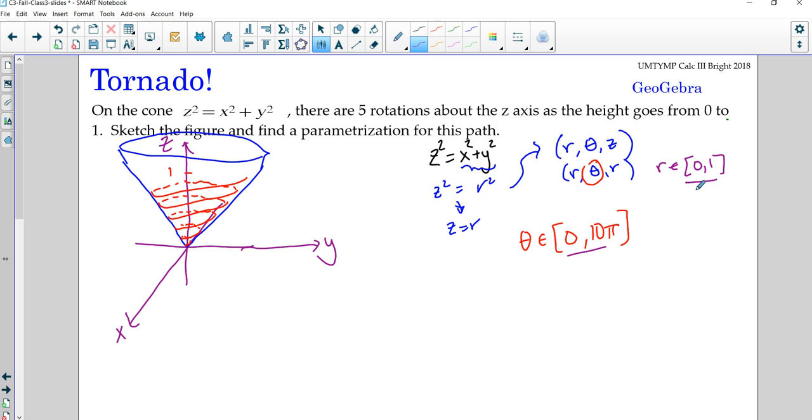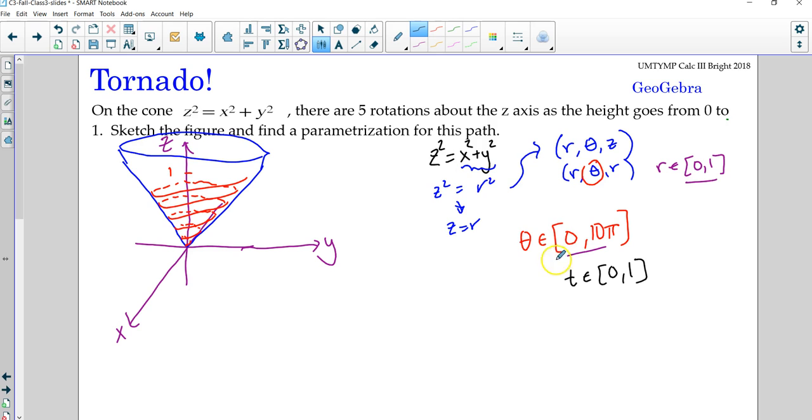Okay, the way I'm going to do that is by introducing a new parameter that would be common to both of them. I'm going to introduce a parameter t, and I'm going to say t is going to be within 0 to 1. Okay, what is nice about this is it maps directly with r. So instead of using r, I can use t.